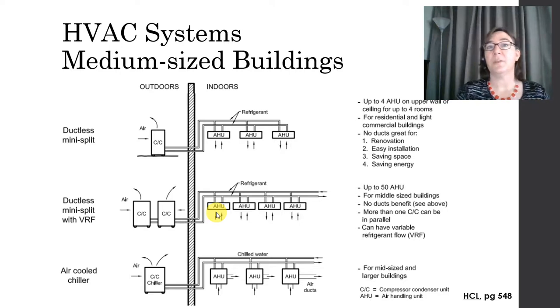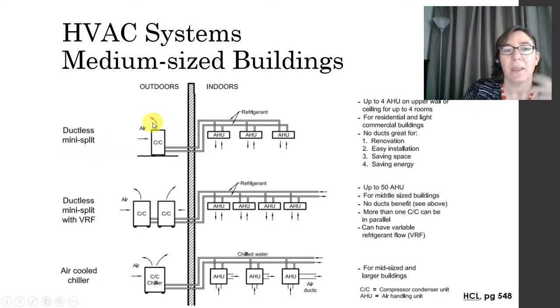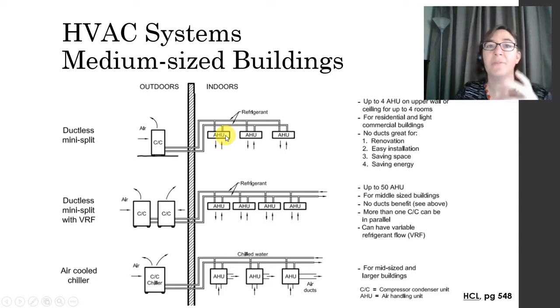Let's move on to the different HVAC systems that are appropriate for your small to medium-sized buildings. And the major one here is the ductless mini split. And no, I can't say that 3 times fast. All right. And what we've got here is your same compressor and condenser unit outside. And then inside, you have multiple air handling units.